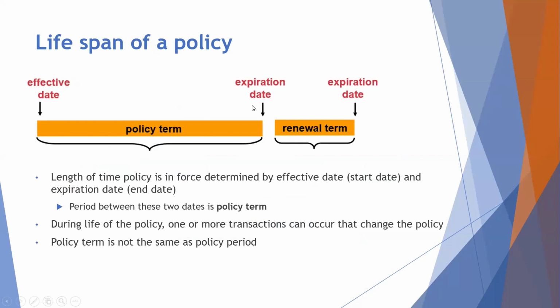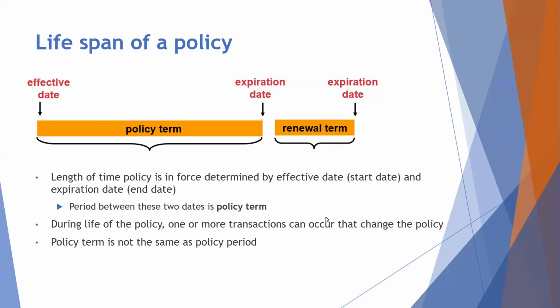And towards the end of the term, that is December 31st, if I don't renew the policy, then my policy will expire, and then I cannot raise any claims. The major purpose of insurance is to cover the losses, right? If any accident or loss happens, I need to get the compensation.